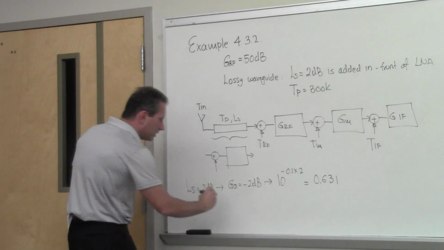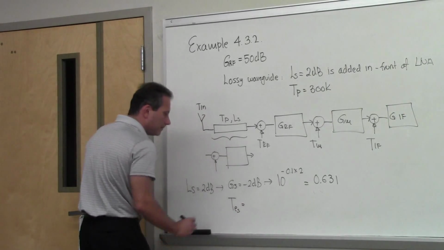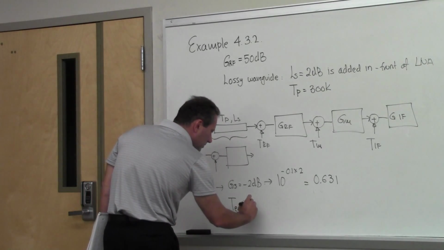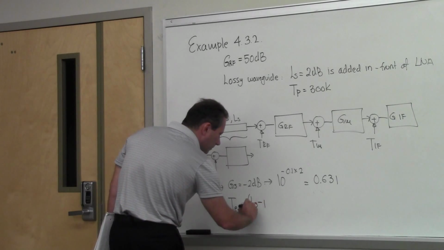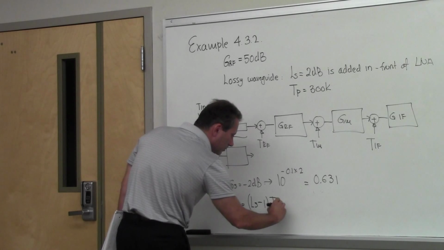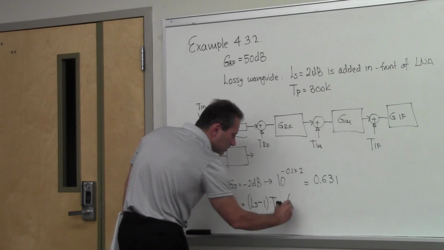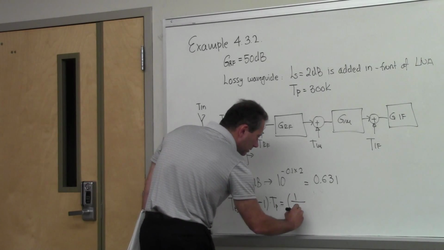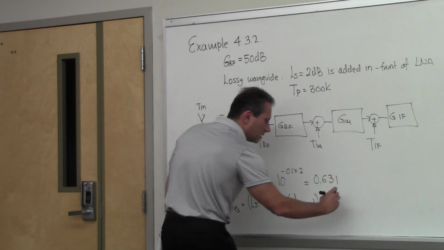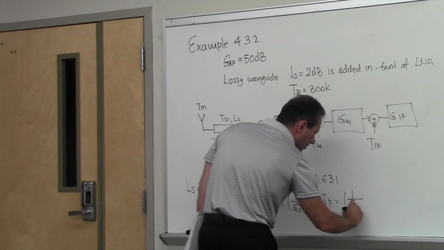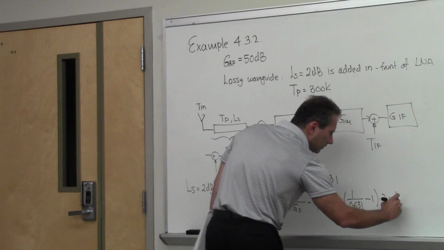Now, what did we say about the equivalent temperature of the waveguide? We said that this was LS minus 1 times the physical temperature, which I can write also as 1 over gain minus 1 times the physical temperature. In our case, this becomes 1 over 0.631 minus 1 times 300 Kelvin.